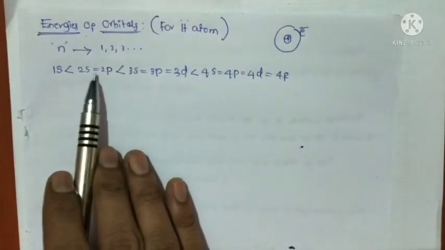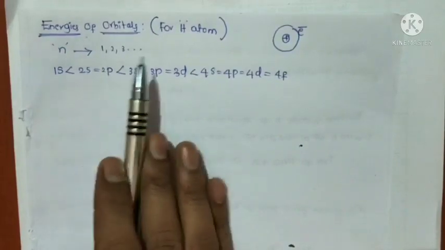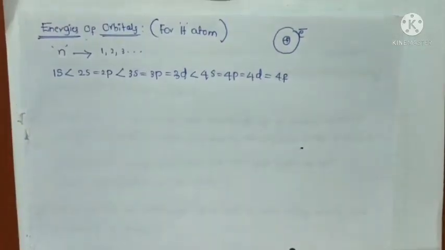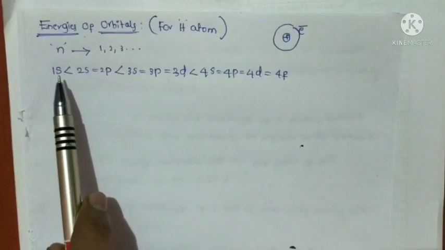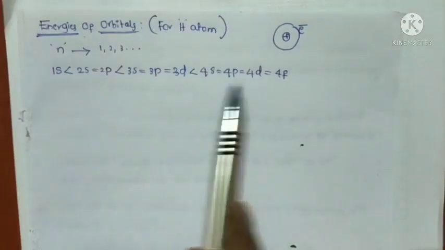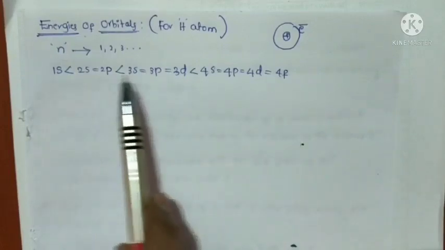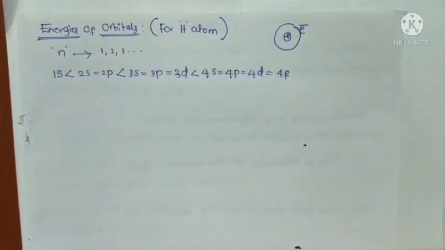That's why, even if the azimuthal quantum number is different in the hydrogen atom, both orbitals have the same energy. But with increasing principal quantum number, that is 1s, 2s, 3s, the orbital energies increase.